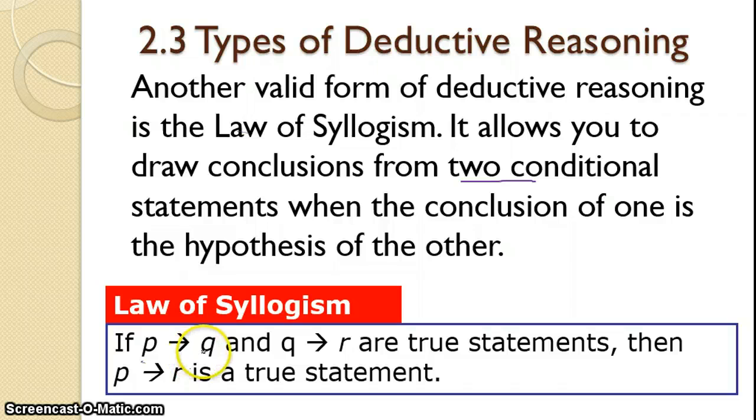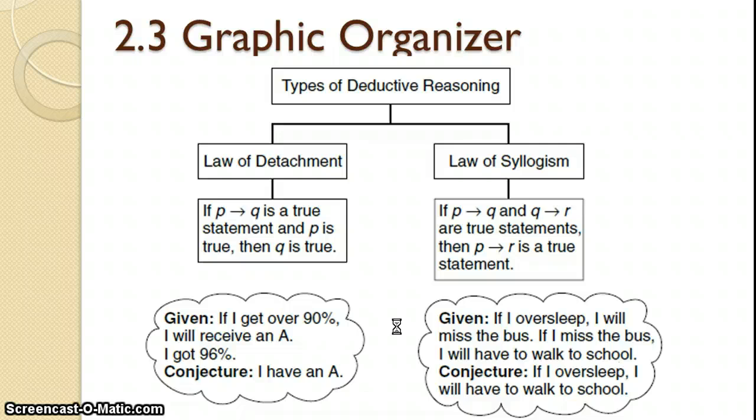So if P to Q and Q to R are true statements, then P to R will also be a true statement. So if we look up here, we see P and we see R. Here's your little graphic organizer to keep handy when you're trying to decide which one of these you are using.